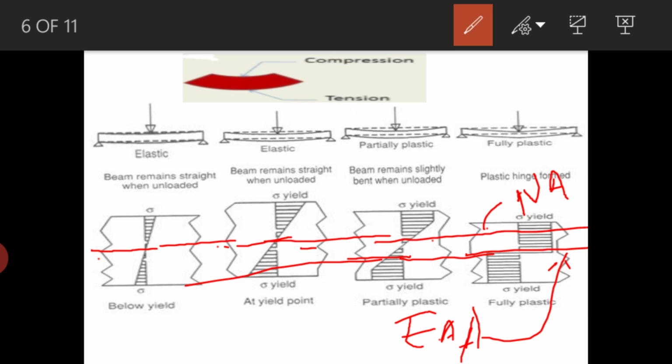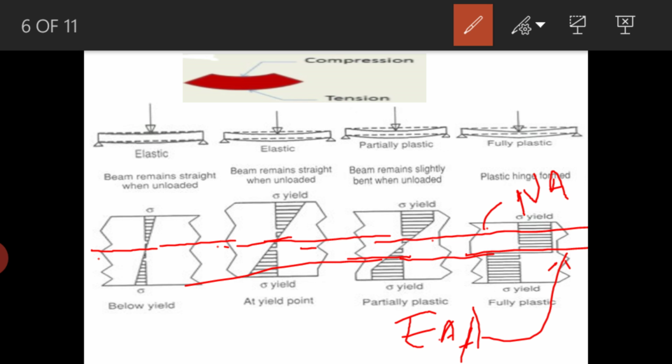If the section is unsymmetrical, then the neutral axis gets shifted based on the forces of compression and tension. So the neutral axis of a fully plastic section passes through the equal area axis.